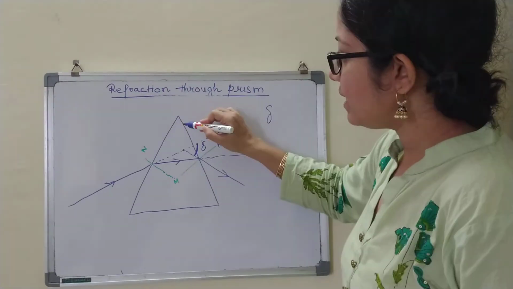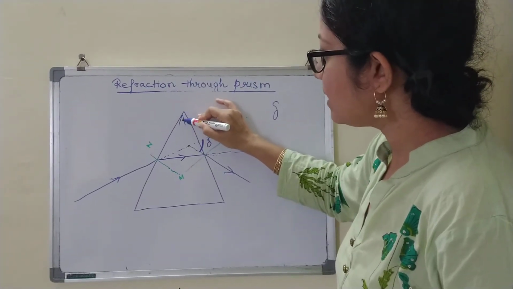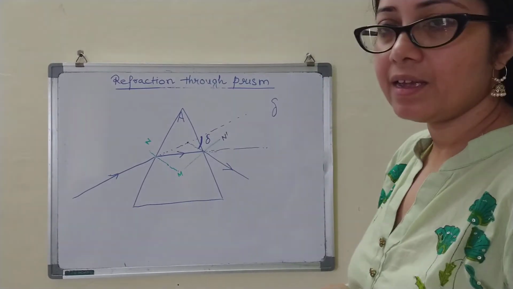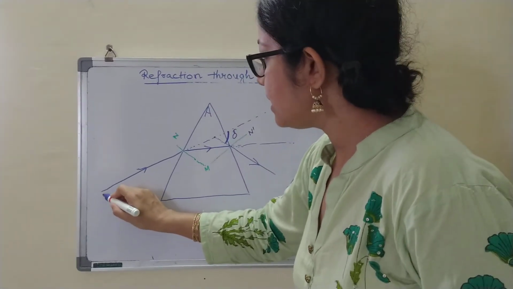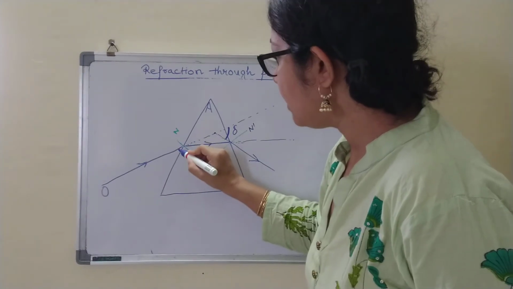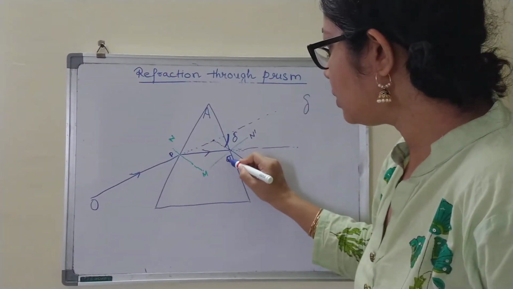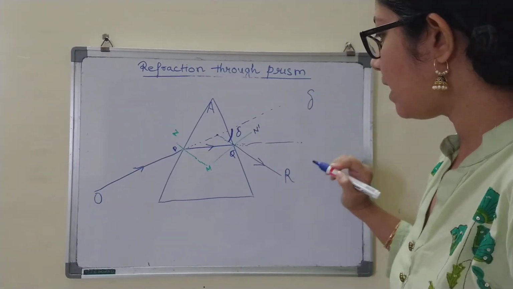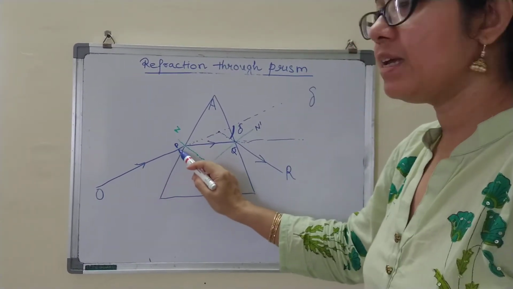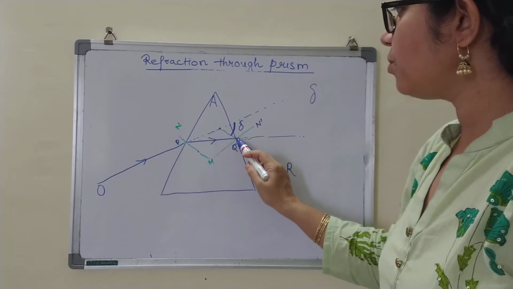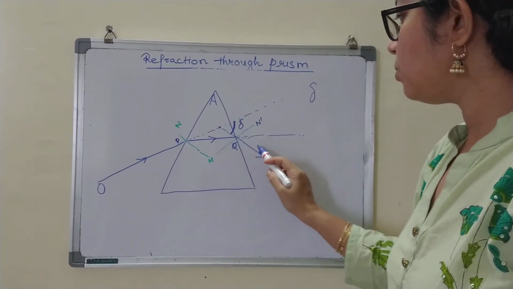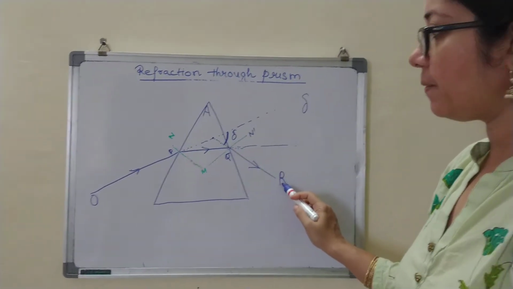And as I said, this is my angle of the prism A. Now let me name the points. This is O. Let us say this is P. This is Q. This is R. So OP is the incident ray, PQ the refracted ray, QR the emergent ray.